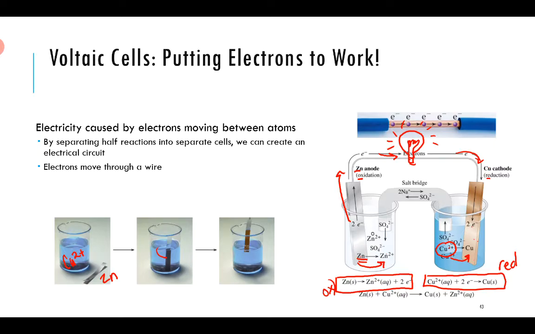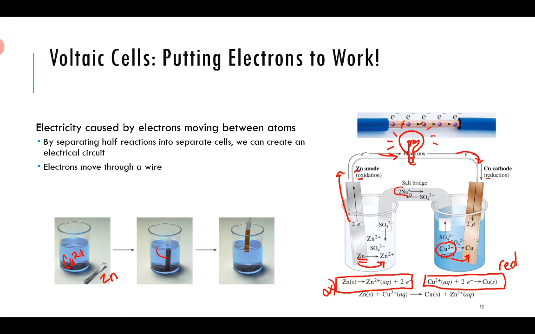Now, to complete the circuit, we have to remain charge balanced, and that's where the salt bridge comes into play. As we are using up the copper ions and turning them into copper solid, we are using up positively charged ions.